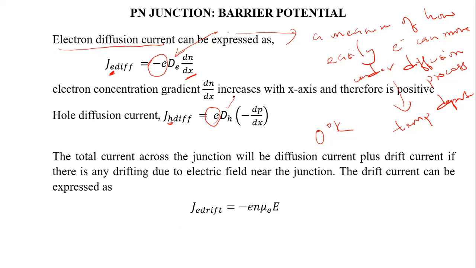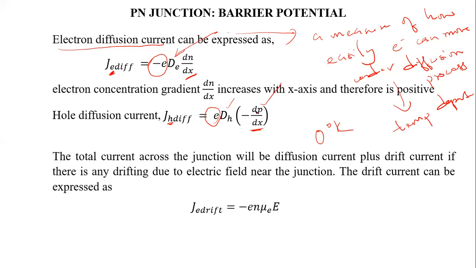Here we have taken the concentration gradient: p is the concentration of holes, and x is the change along the x-axis. So how the concentration of holes changes along the x-axis is defined by the concentration gradient here.